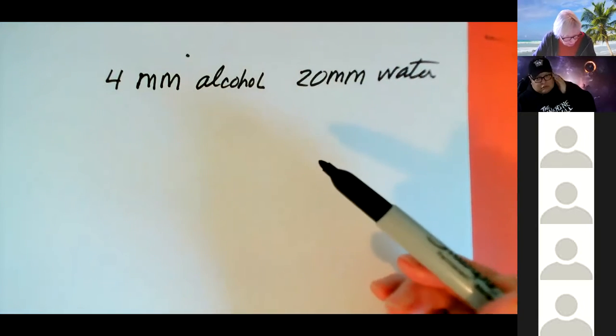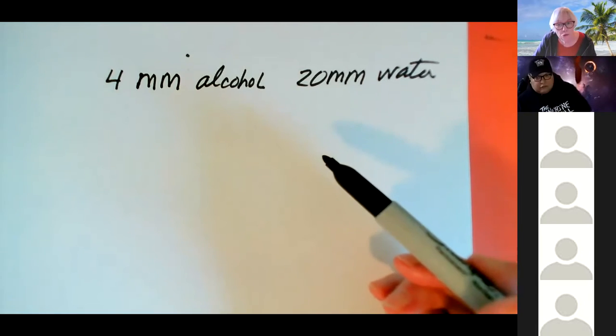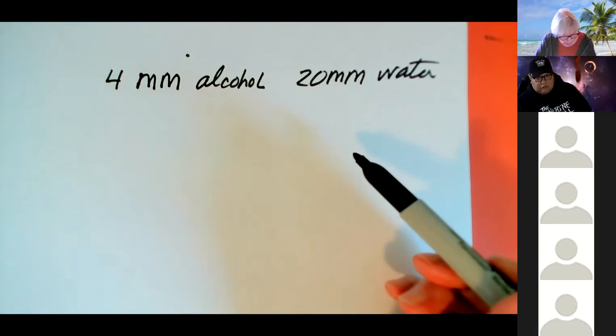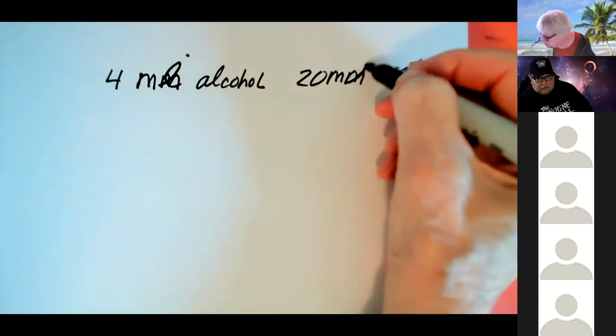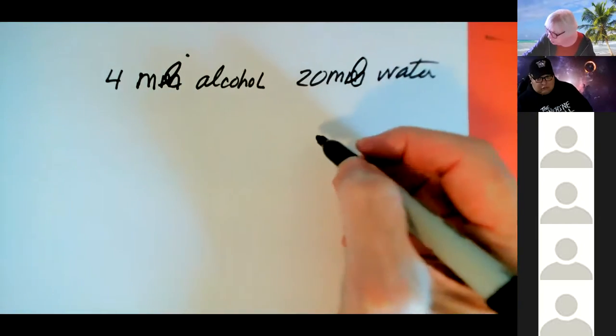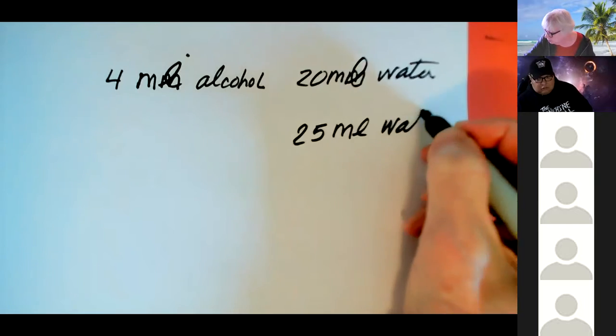Then it says, if another solution is going to have the same ratio, but must contain 25, it was milliliters, I'm sorry, I missed it. It's going to have 25 milliliters of water.